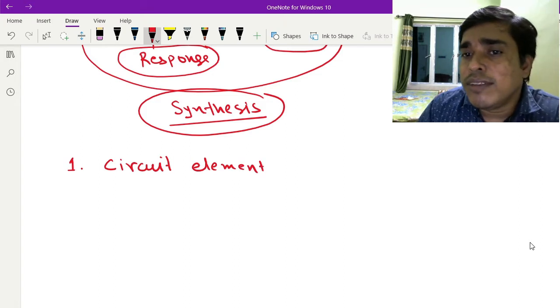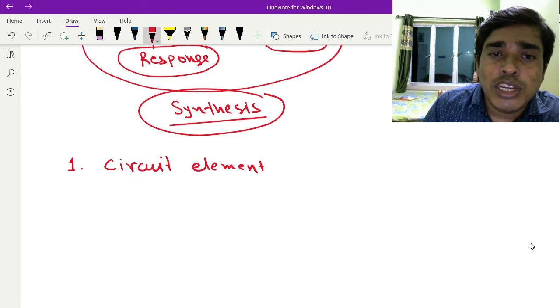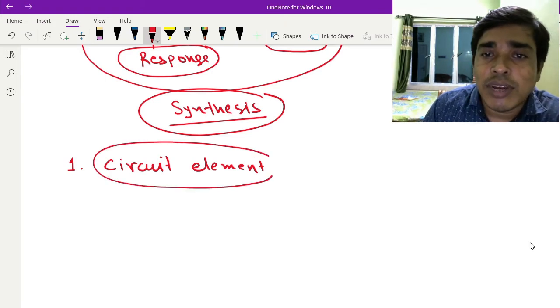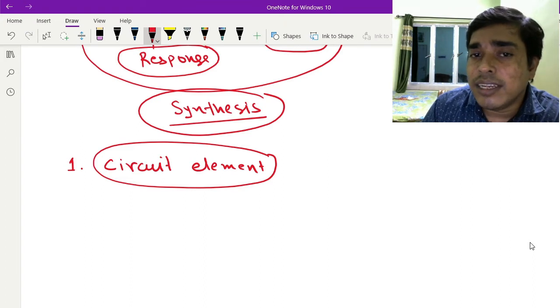When we design any circuit or network, we have to use some circuit elements, that's why we have to know what a circuit element is.